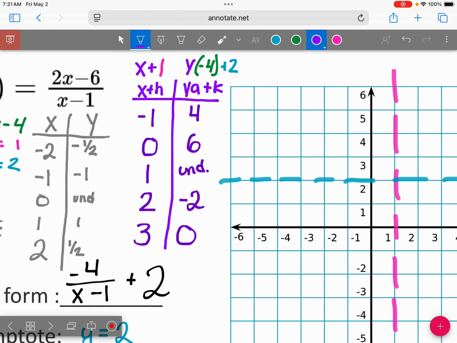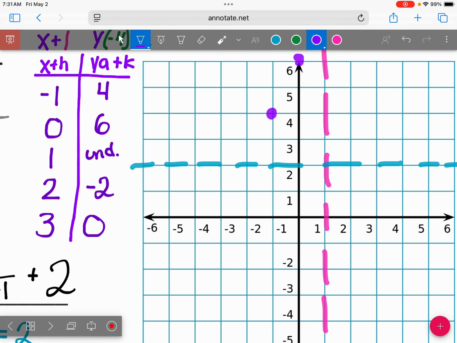So let's plot up those points. We've got our -1, 4, which is going to be up here. And we've got 0, 6, which is right on the edge of the graph. That's okay. And we've got our 1 that's undefined, which is right where our asymptote is, which is right where it should be.